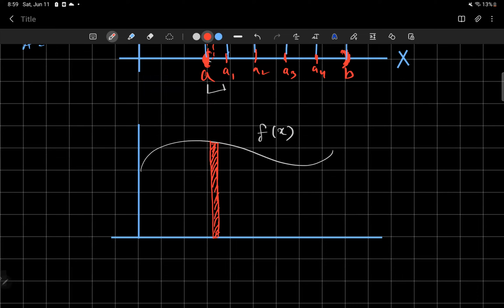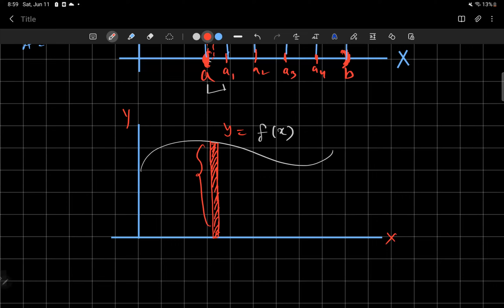Can anyone tell me what is the length in this case, or width? This is x, this is y, and obviously y equals f of x, right? Can anyone tell me what is the length of this rectangle? By length, I mean the largest arm. How do you know which is the largest arm in this case? This is the largest arm of this rectangle, right?